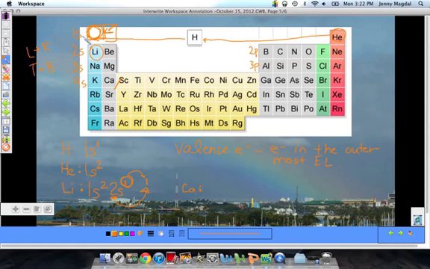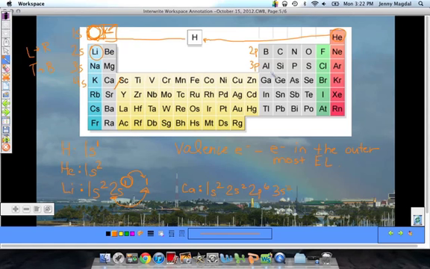We start at the beginning, 1s2 boxes, so 1s2, then down, 2s2. Then we go across to the 2p's, and I have all 6 of them, so 2p6. Then I go down, I'm at sodium now, it's 3s2.